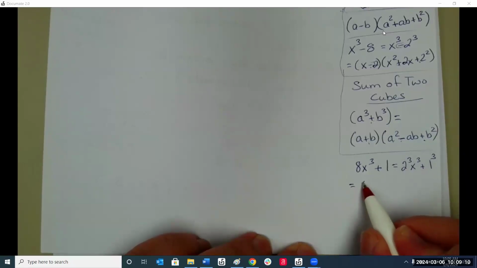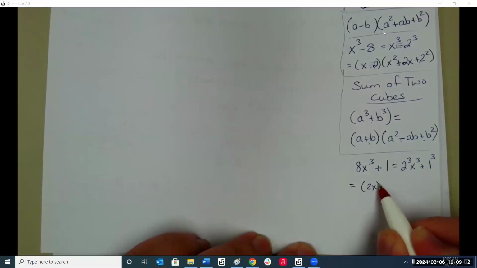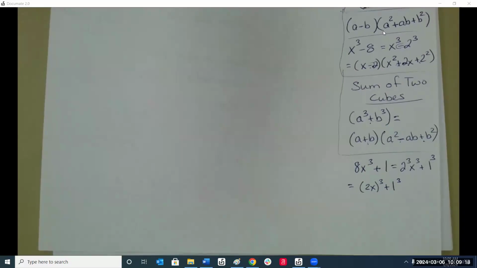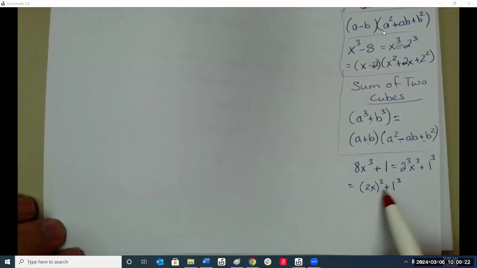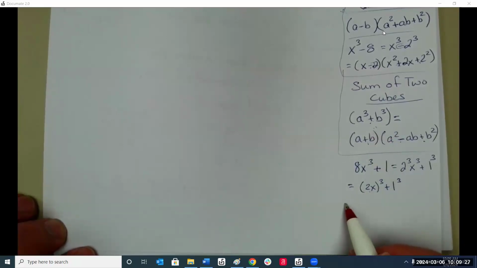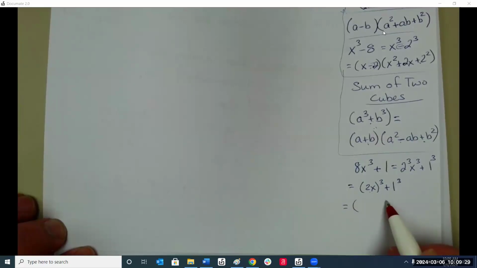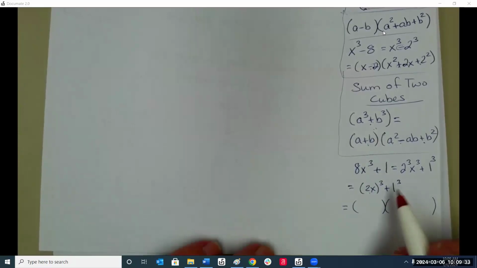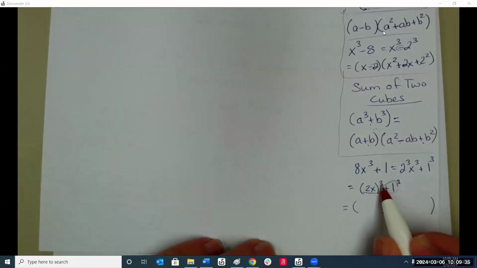So what we have here is 2x cubed plus 1 cubed. Because once you have it in this form, we can now apply the formula. So whatever's under the cubes goes first. So it's 2x plus 1.